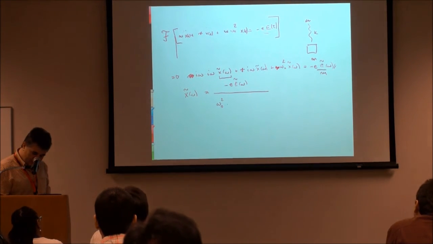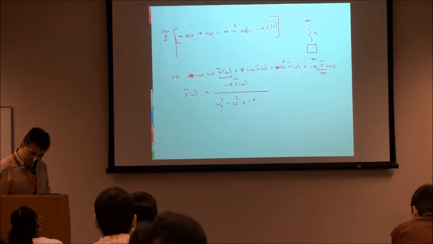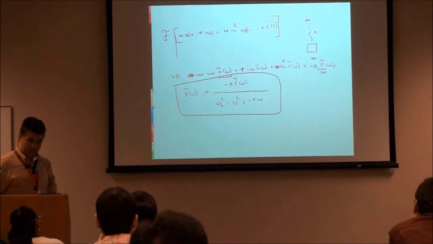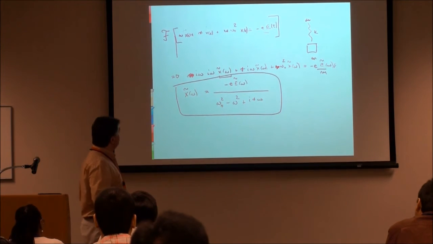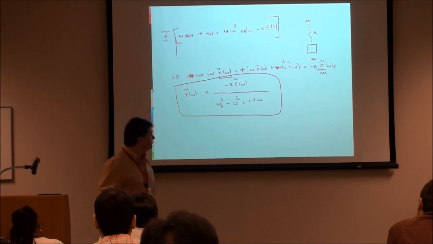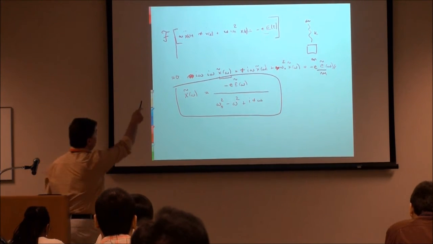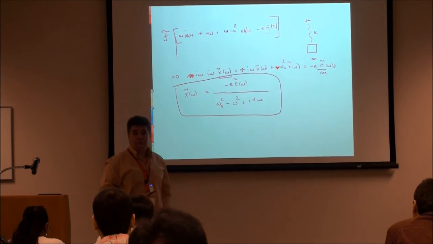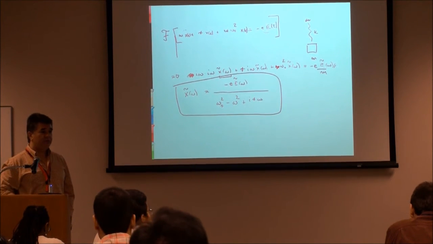Omega naught squared minus omega squared plus i gamma omega. End of story. So this is the fastest way I know how to solve that equation of motion in the frequency domain.